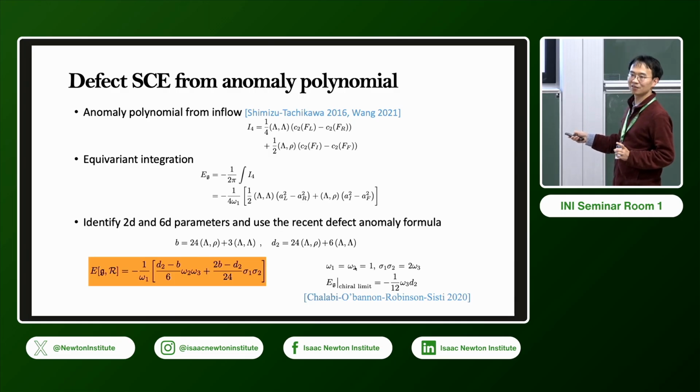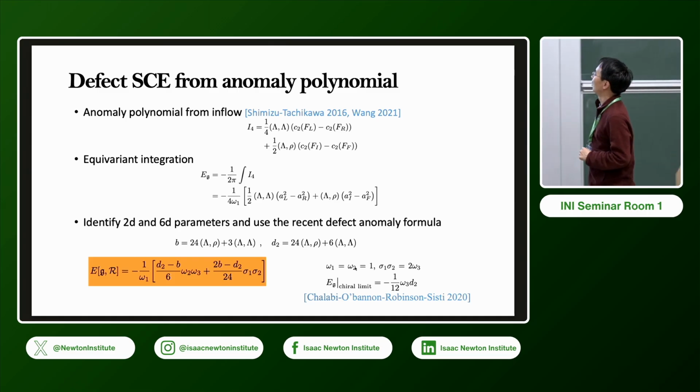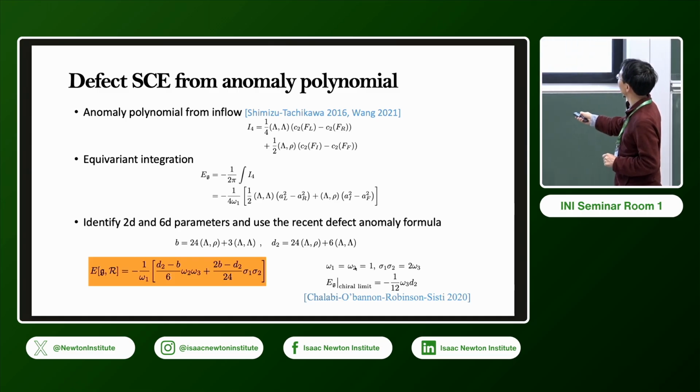So lambda is the highest weight of the representation for the surface defect, and rho is the Weyl vector. This is the inner product in the Lie algebra. So you just write the Casimir energy in terms of this b and d2. Then you get a compact formula with two terms.